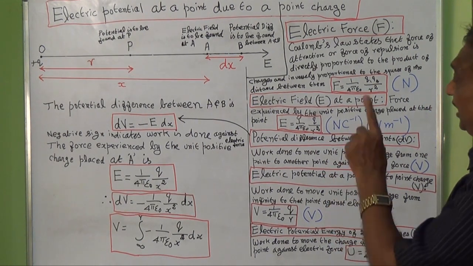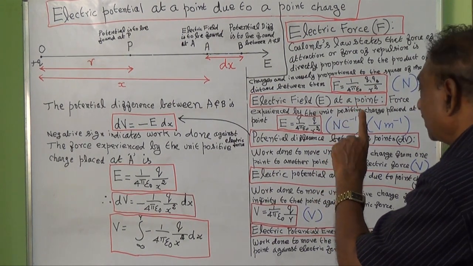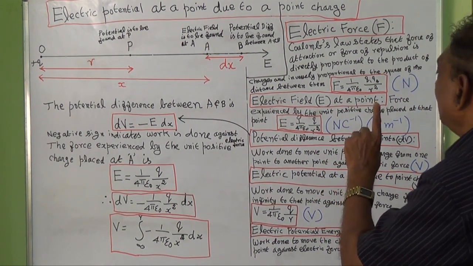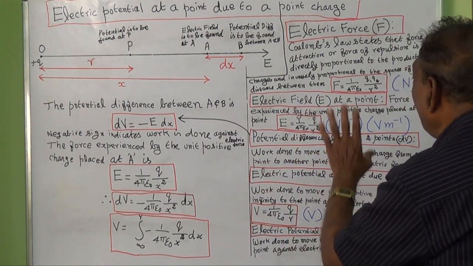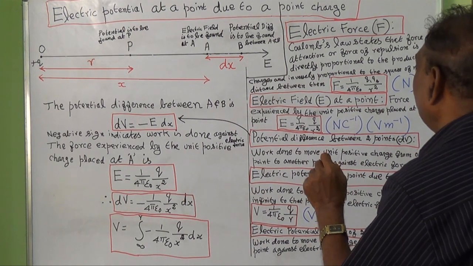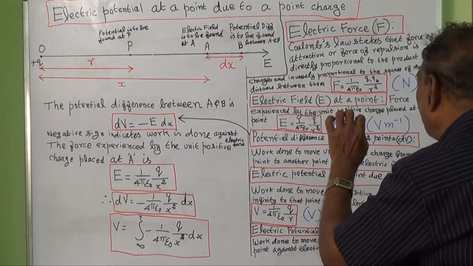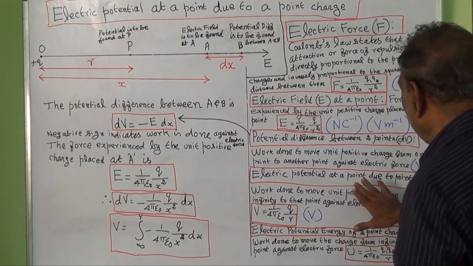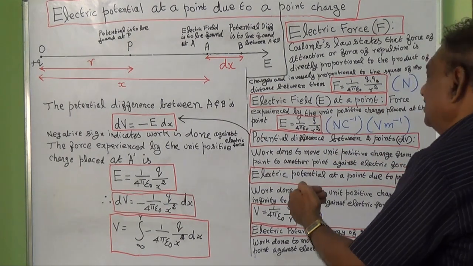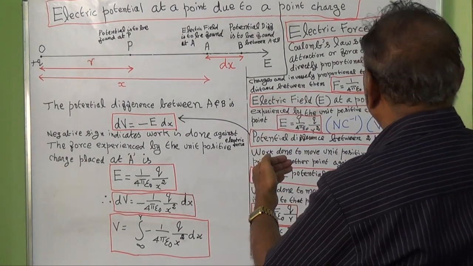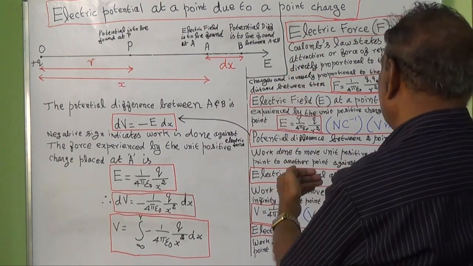But in the case of the electric field and the electric potential, we are finding the electric field at a point, and the electric potential at a point, so only one charge has come. These are the differences between these formulae and these definitions.